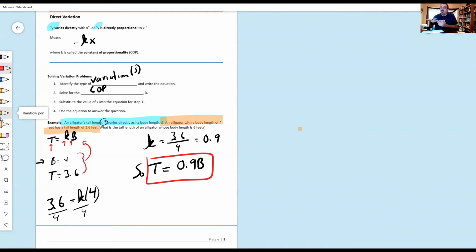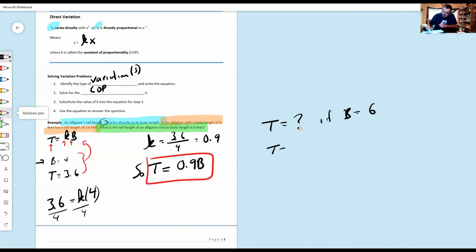So our question, usually the last sentence or the last part of the second sentence, in this case, the last sentence, is here. What is the tail length of an alligator whose body is 6? So we're asking t equals what if b equals 6?